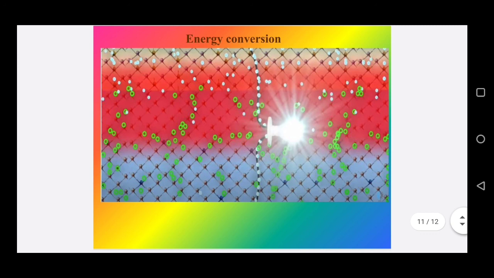It is used in satellites and spacecraft. These are all the advantages of the solar cells. But the main disadvantage of the solar cell is that the investment cost is very high.